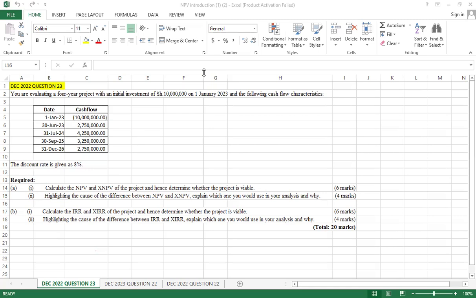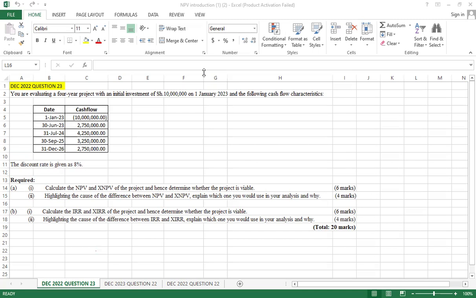And I want us to advance the discussion a bit. So I want us to look at this very question, which had been set in December 2022. This was question number 23. Actually, this was the very first exam when we had this first question set, yeah?